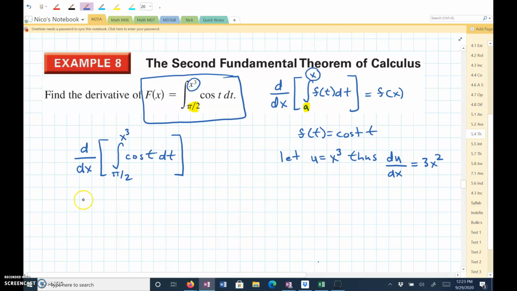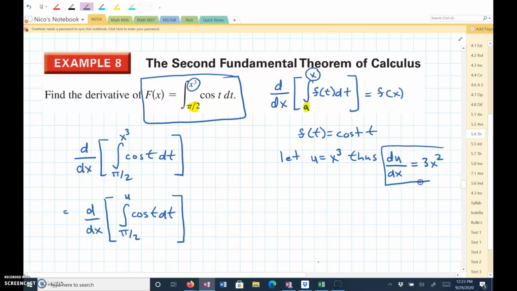Now, the first thing I'm going to do, for the derivative with respect to x, I'm going to replace x cubed with u. Then I've got cosine t dt. And notice here that I can make this du equals 3x squared dx by multiplying both sides by dx.